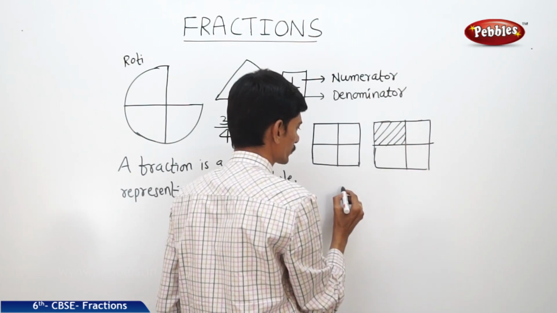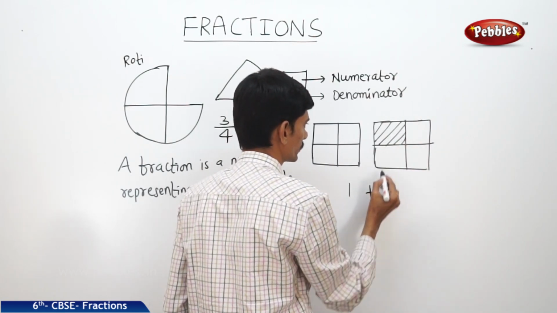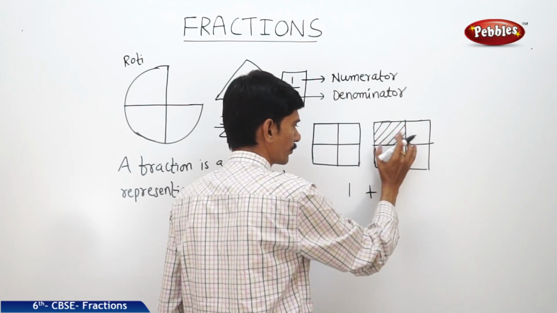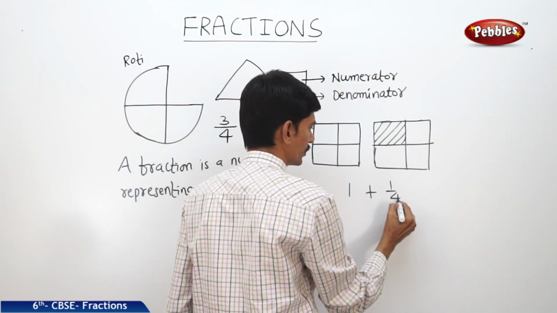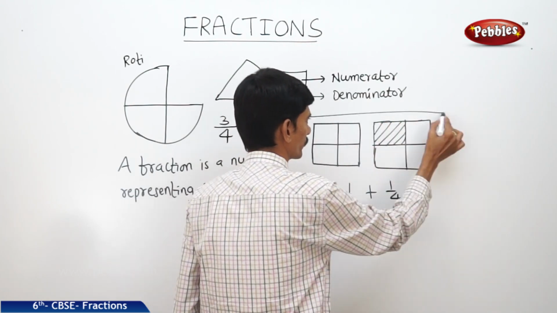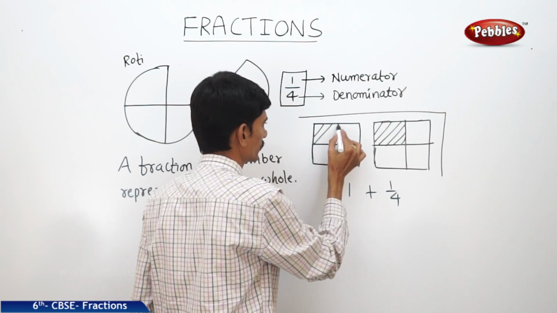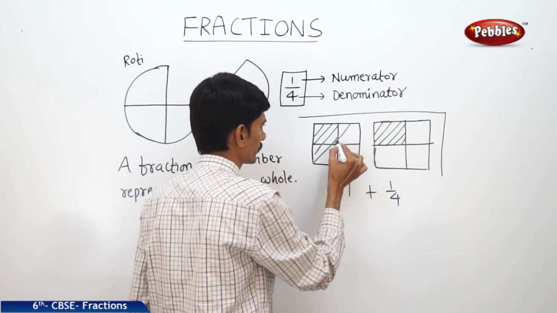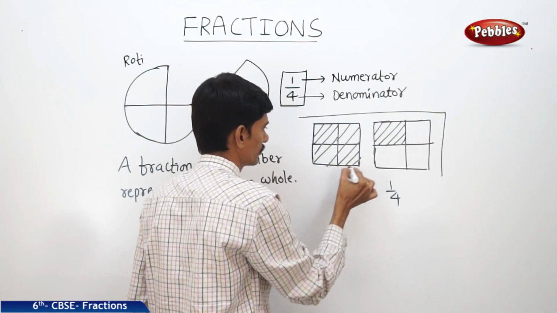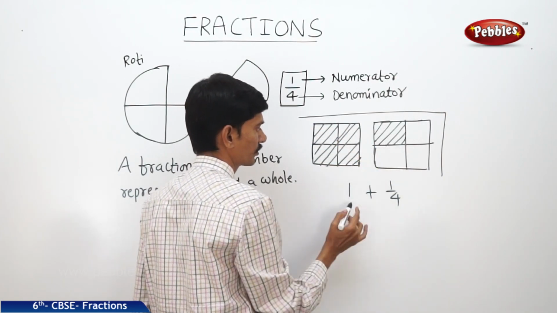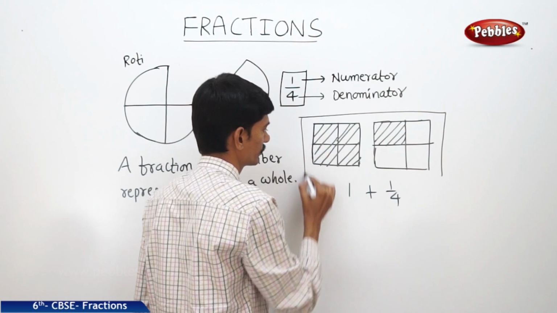Now this is the whole square, 1, plus one part of 4 equal parts. So this is 1/4. Now the shaded part of these two squares represents 1 plus 1/4.